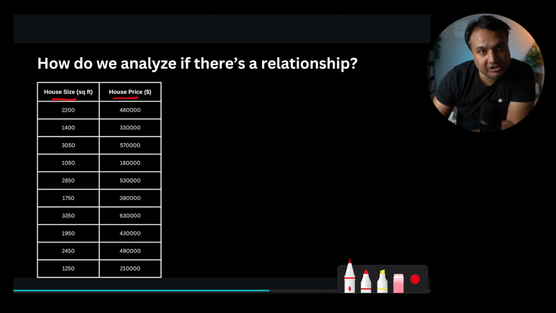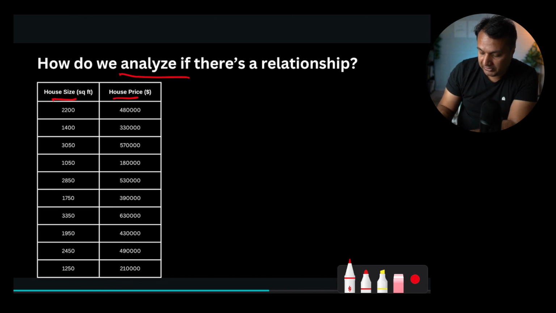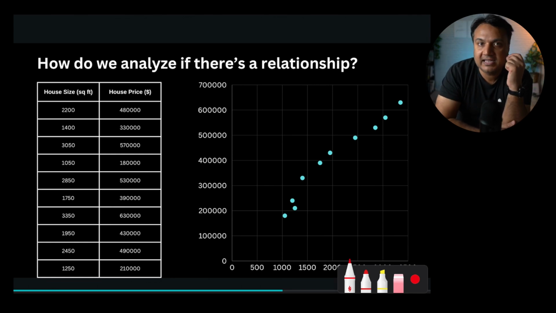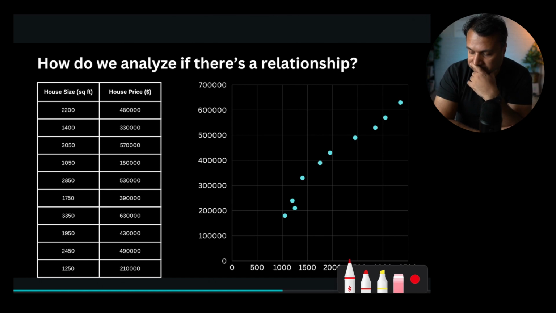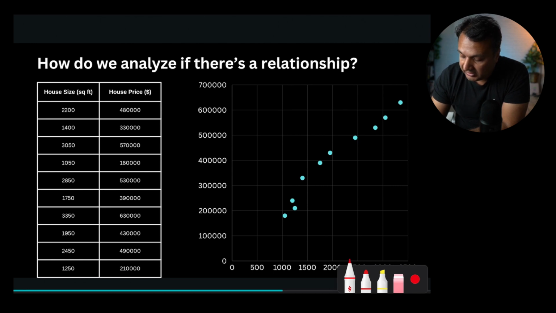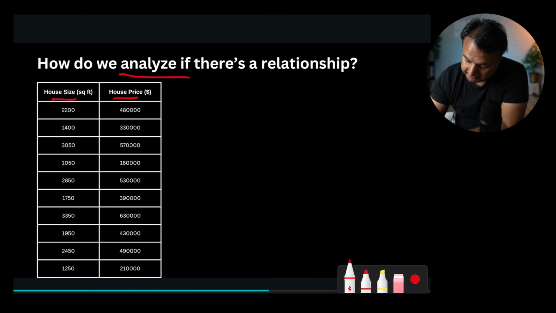Okay, so the problem is, can we analyze if there's a relationship? By looking at the data, it's hard. You might be able to do it, but the solution is plotting it. The moment I plot this, it takes you 1 second to look at this graph, and then you can very clearly tell there's a very strong relationship. This is beautiful because you can clearly see that generally around 1,000, this is the square feet and this is the price.